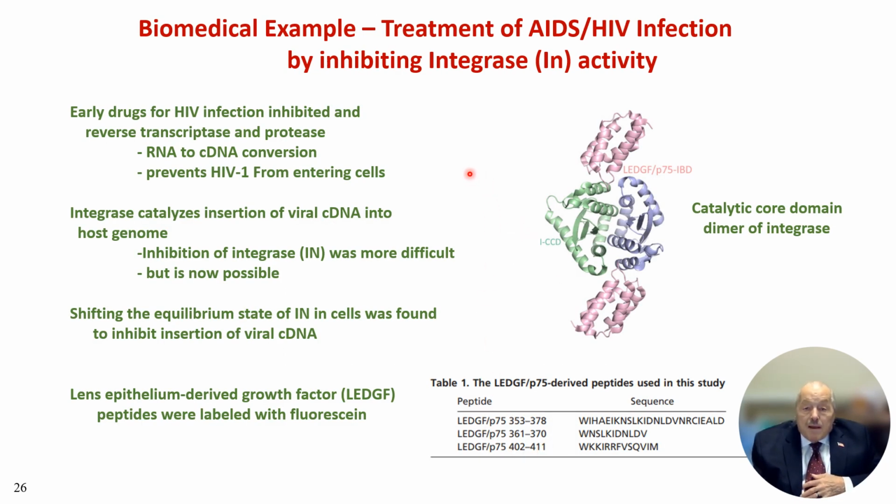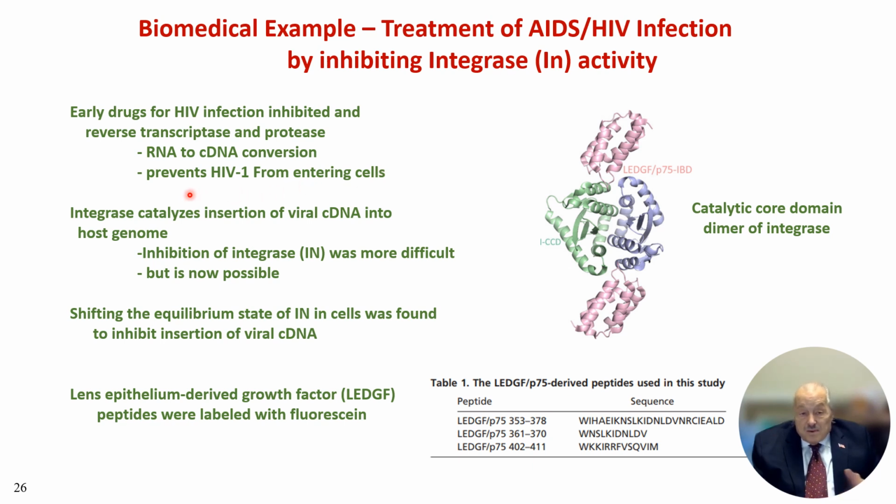Okay, here's another biochemical example, which I always like. It's the development of a treatment for AIDS by inhibiting the integrase activity of the virus. In the early studies of HIV, of course, the researchers were looking for any way to inhibit its activity.